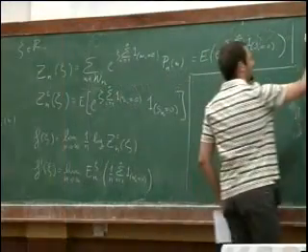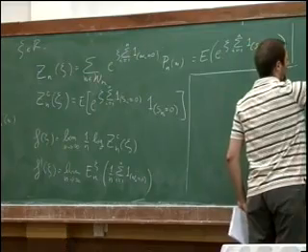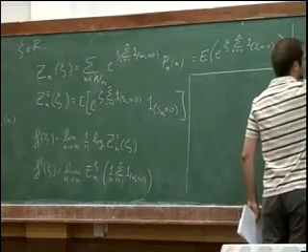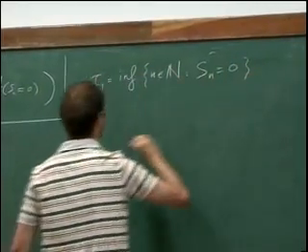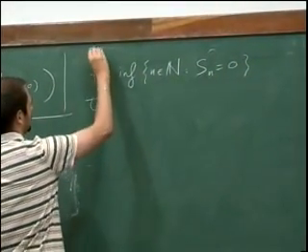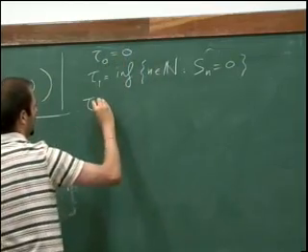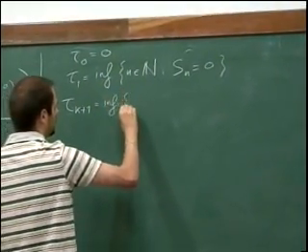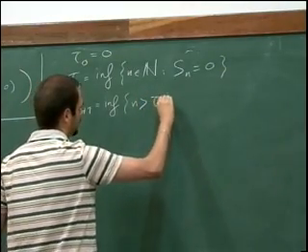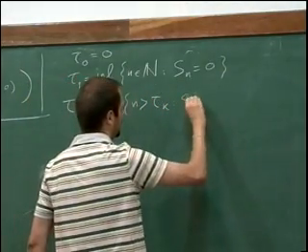So τ1 is the first instant at which Sn equals 0, and actually τ0 equals 0, and more generally, τk+1 is just the first instant after τk at which Sn equals 0.